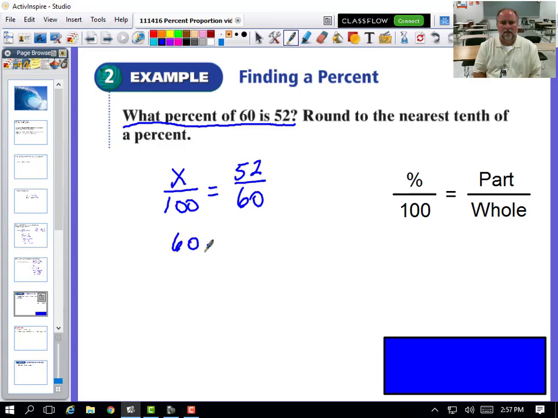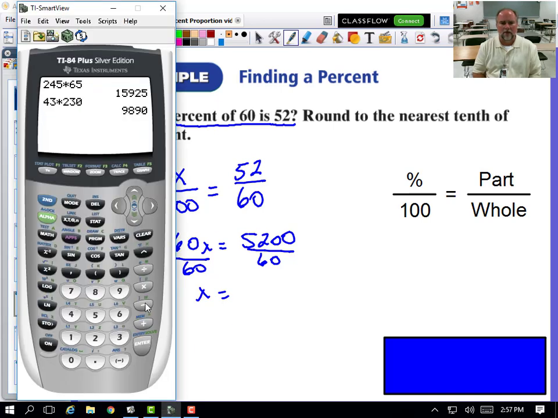You end up with 60x is equal to 5,200. We divide both sides by 60. And we end up with x equaling, again, we go to our calculator, 5,200 divided by 60.